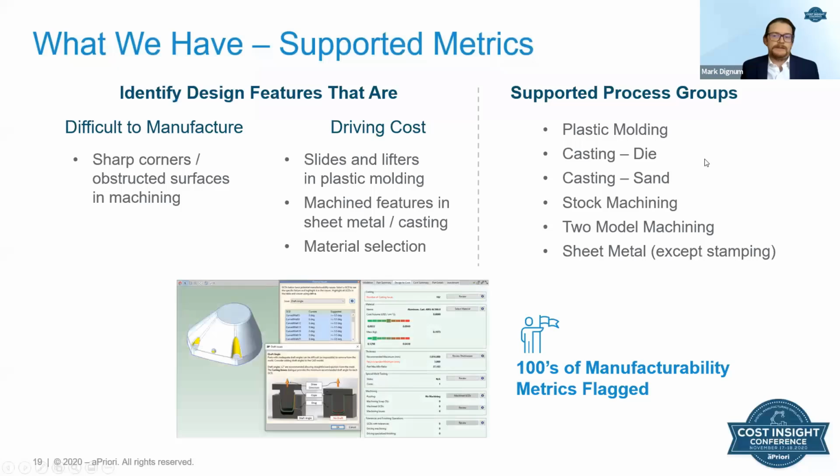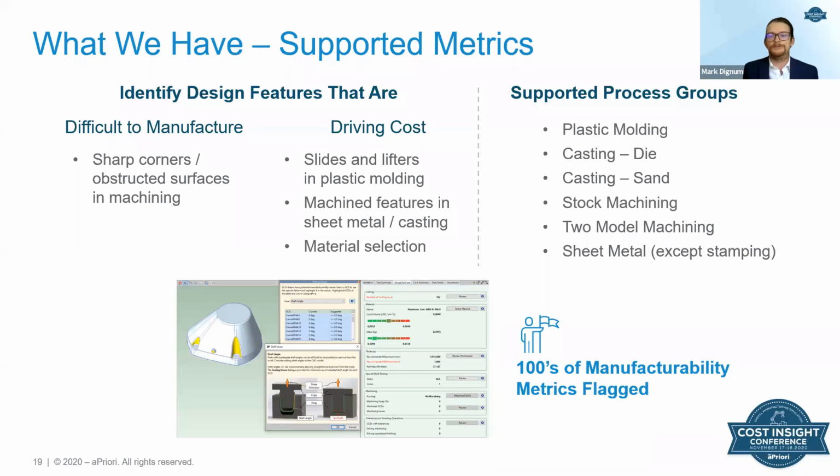Everything that I'm going to talk about is driven by the design to cost and design for manufacturability metrics that we generate for the 6 different process groups that we support. So we support all these metrics in plastic molding, die casting, sand casting, stock and 2 model machining, as well as sheet metal.